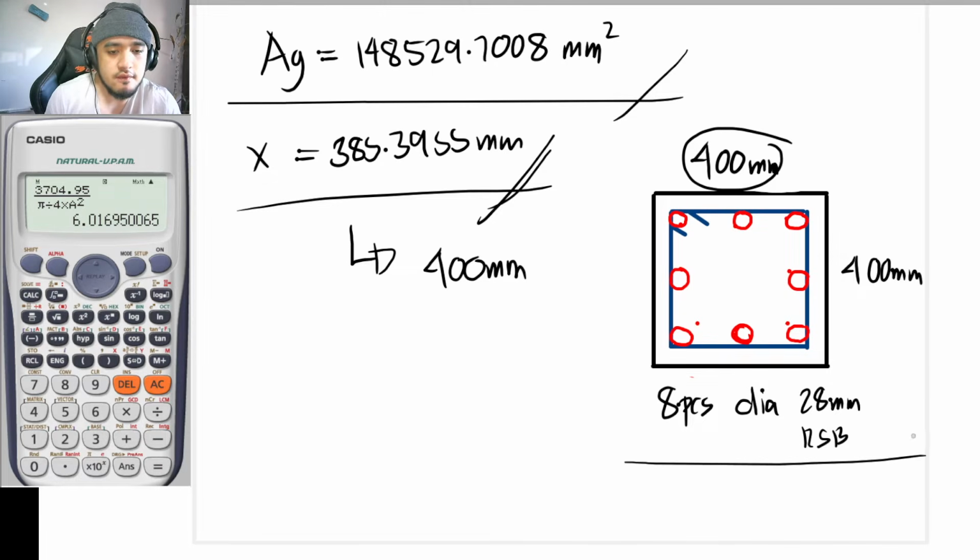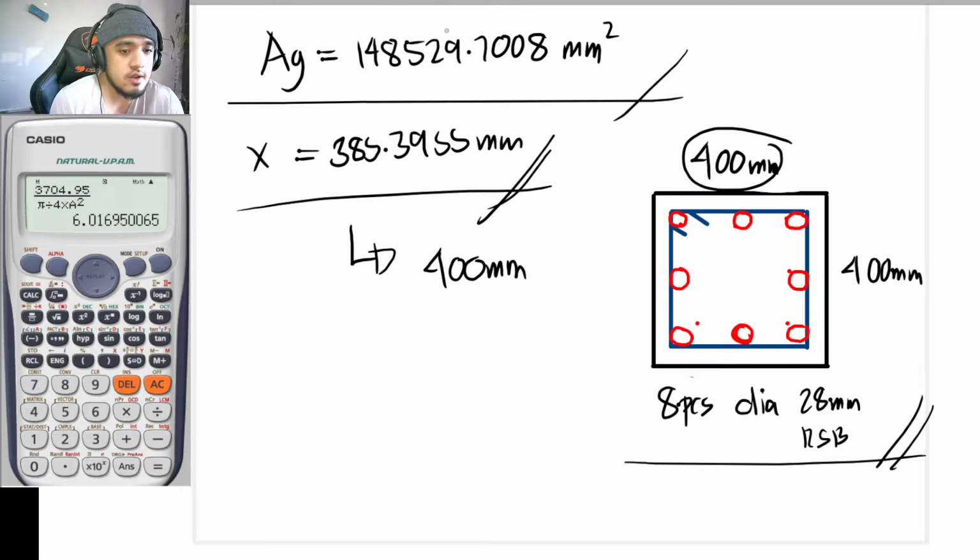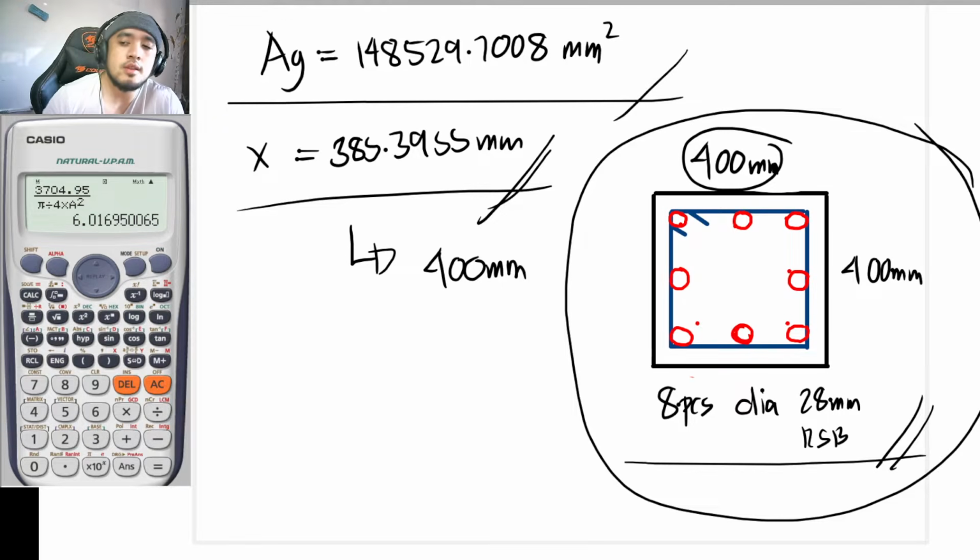So this is if this is to be the available diameter in your hardware. But if there is an available 25 mm, then instead of 28 mm, use 25 mm. But just for the sake of our example, 28 mm na lang gamitin natin. So 28 mm.